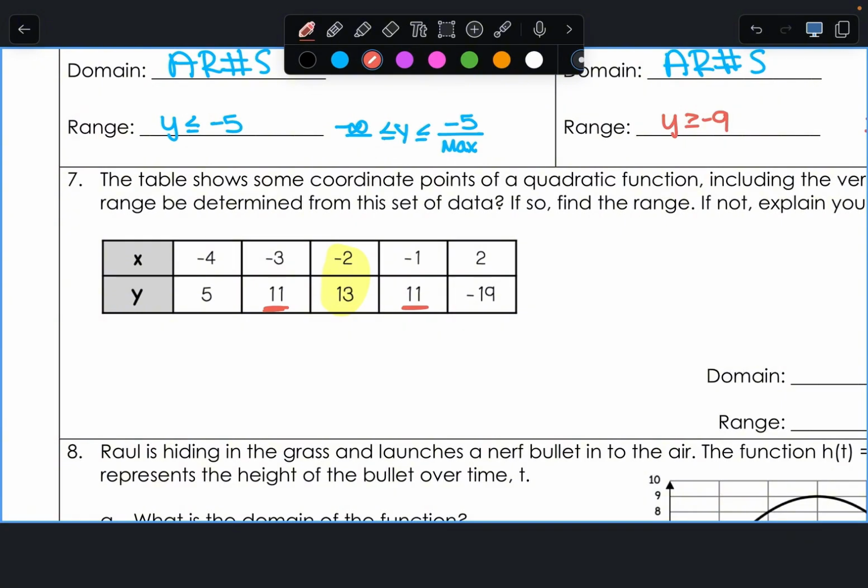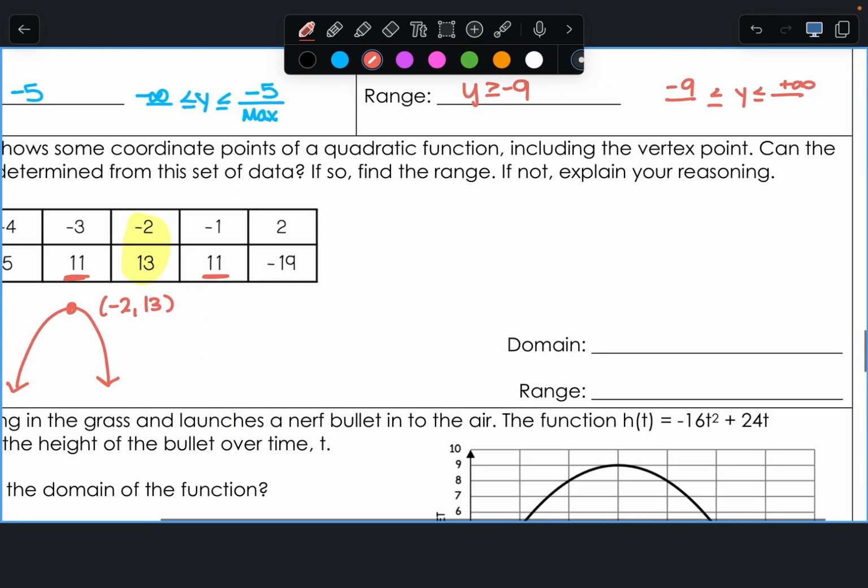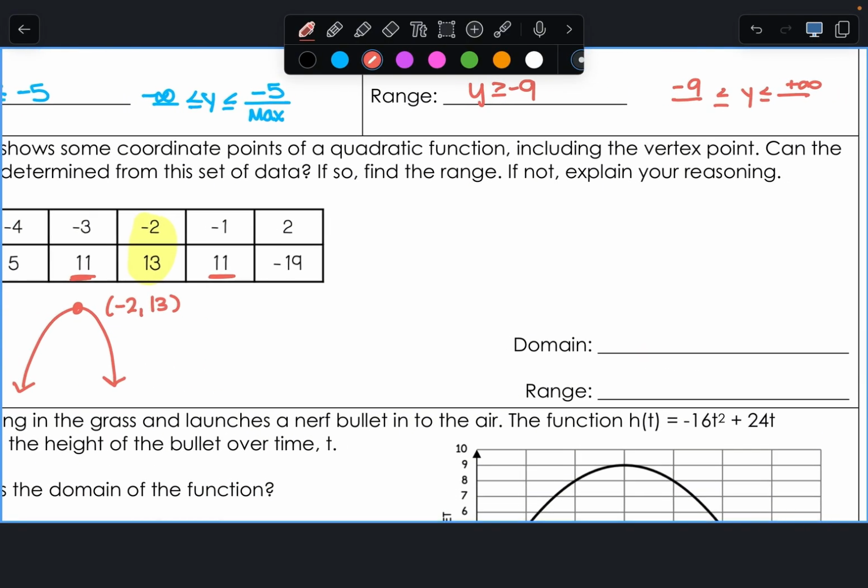So if you go from 11 to a 13 to an 11, is it going to be a maximum or a minimum? Are you going higher or are you going lower? Maximum. So this is this type of graph. Negative 2, 13 is that. Meaning my domain will automatically be all real numbers.